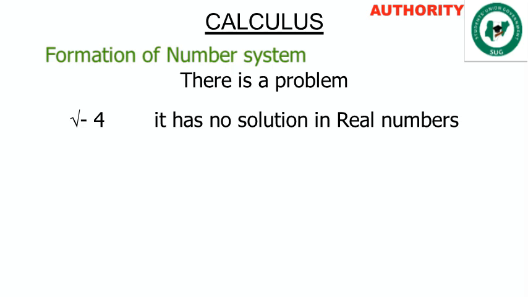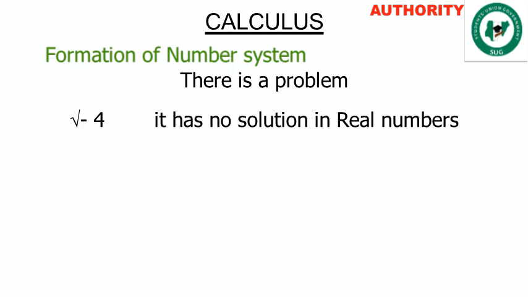Good. So you discover that there is no number in real numbers that can solve this problem. Oh, wow. So the square root of minus 4 is not found in the real number system. Now let me show you something.